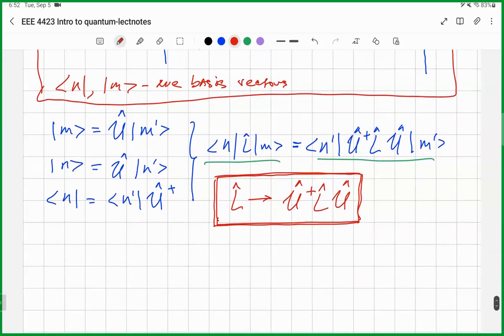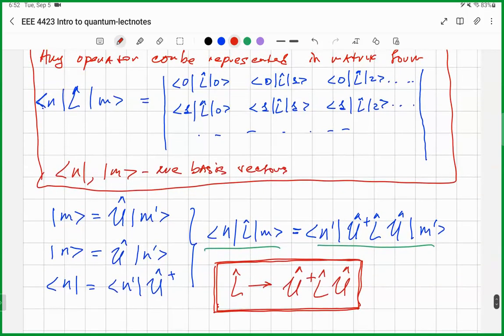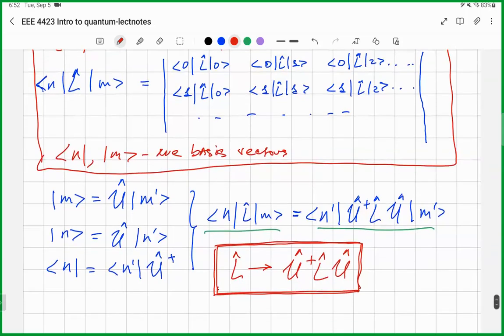Okay, so once again, for example, in a chosen basis, you have an operator L with matrix <n|L|m>, and then you decide to change the basis to a new one.